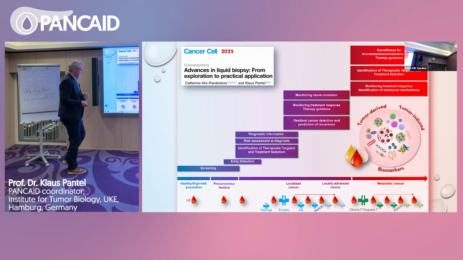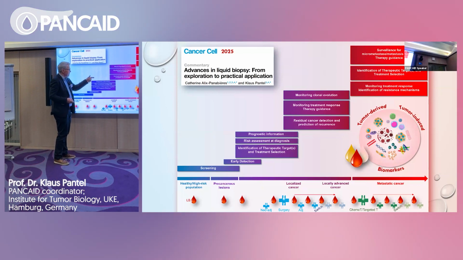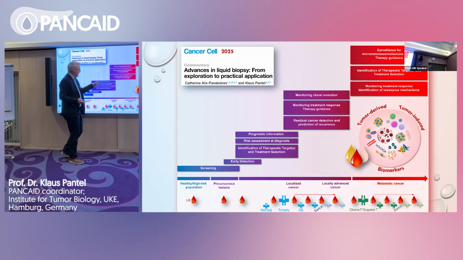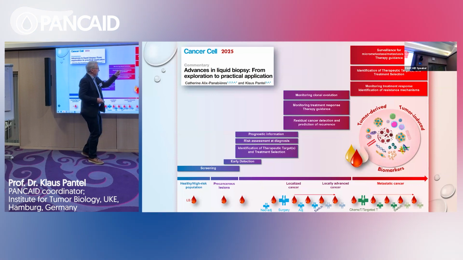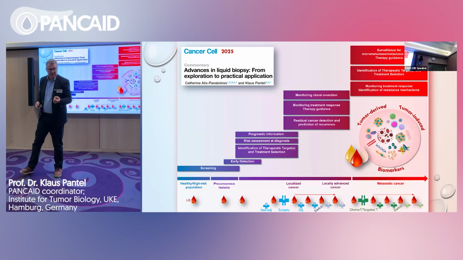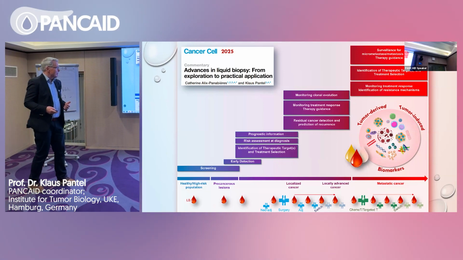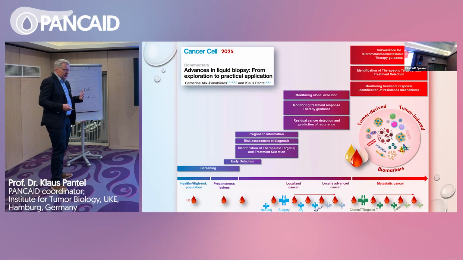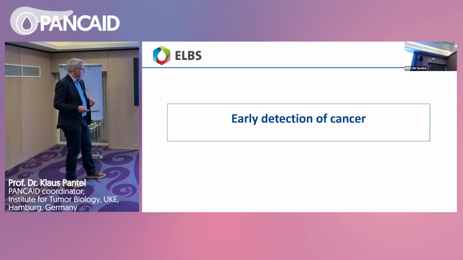But other applications include better risk assessment of which patients will relapse, detecting minimal residual disease, monitoring therapy based on the findings, and in the advanced setting finding out what kind of resistance mechanisms have developed. And if we are lucky, we have drugs against these resistance mechanisms.